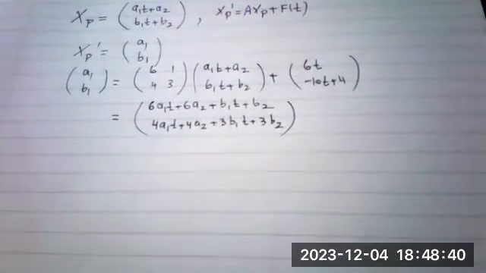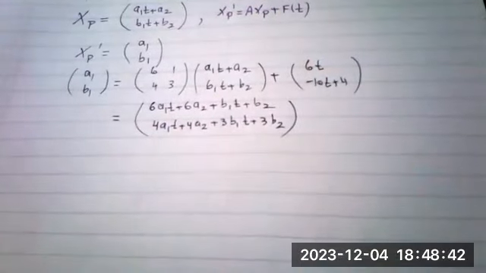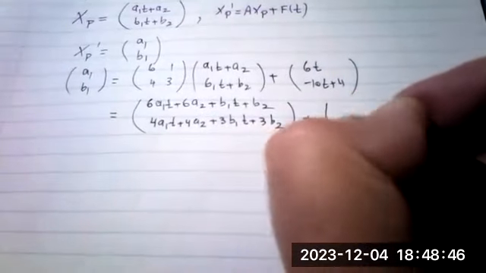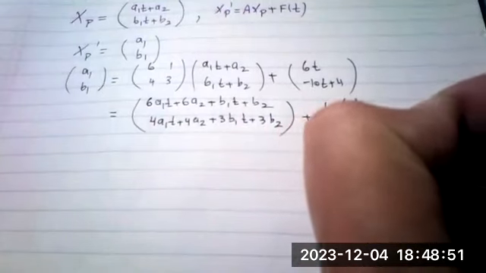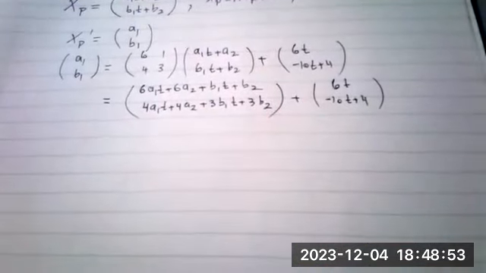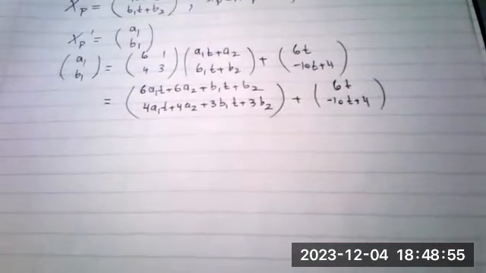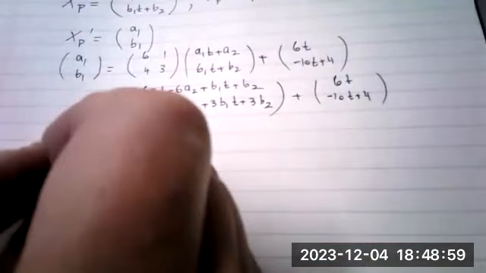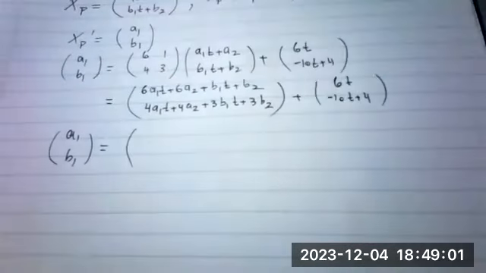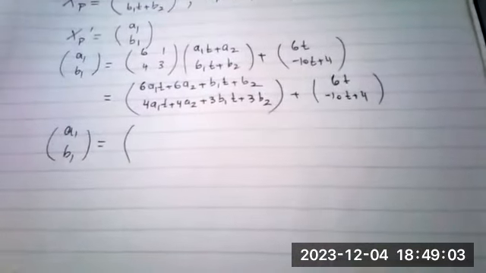So this is going to be the product of these matrices. And then it's going to be plus 60, minus 10t plus 4. So put them together. So what we have is A1, B1 is equal to, so you bring this 60 as well.